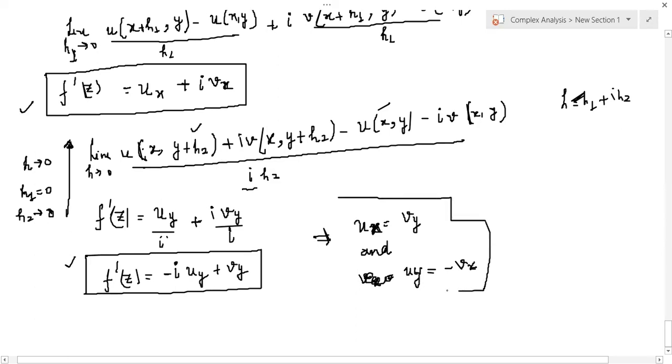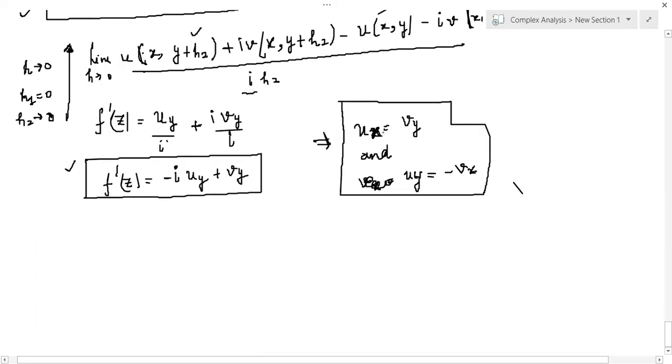So these are called your Cauchy Riemann conditions. If the function is differentiable, then these partial derivatives, that is ux, vy, and uy, vx, must have this kind of relation. That is, the partial derivative of u with respect to x must be equal to the partial derivative of v with respect to y, and the partial derivative of u with respect to y must be equal to the negative of vx.